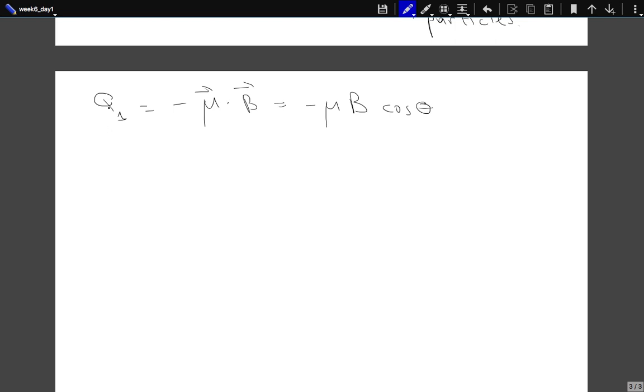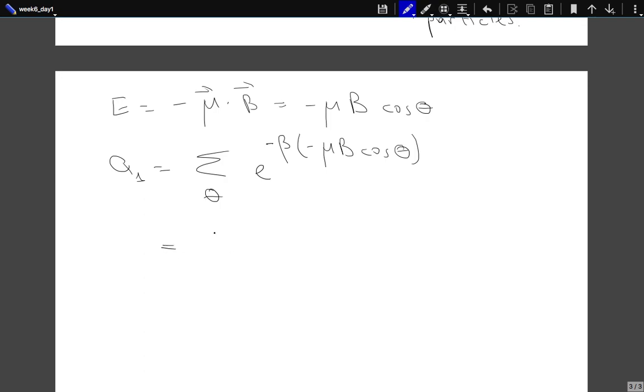Sorry, this is not Q1, this is the energy. Q1 will be the sum over e to the power minus beta times minus mu B cosine theta. This is the energy summed over all values of theta.